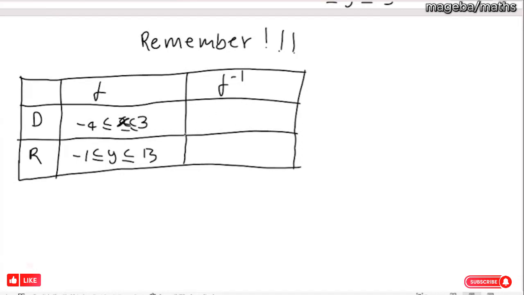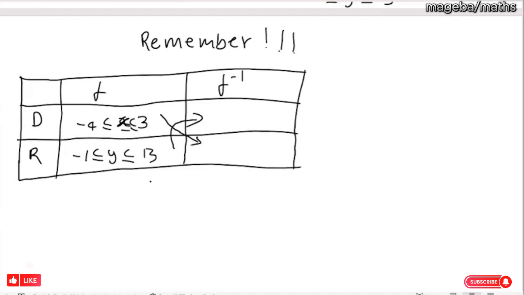Now finding the domain of the inverse: the domain of the inverse is going to be the range of the original function. And finding the range of the inverse, it's going to be the domain of the original function.